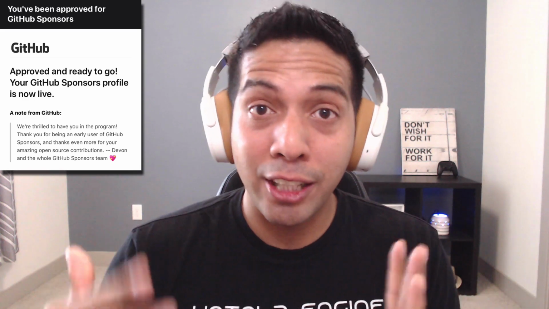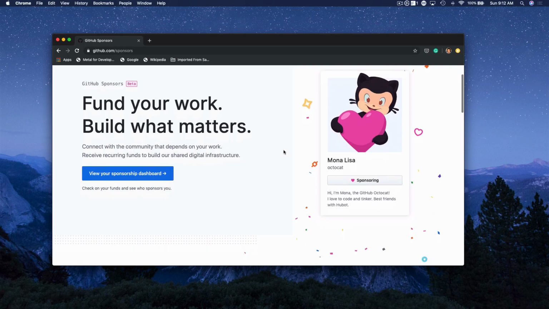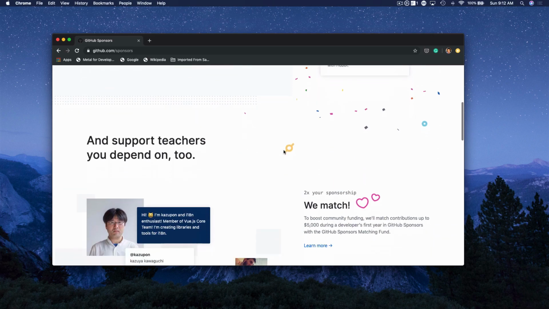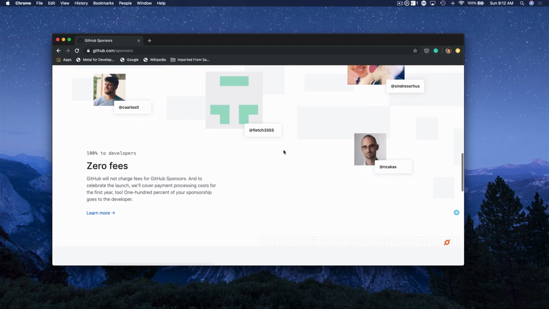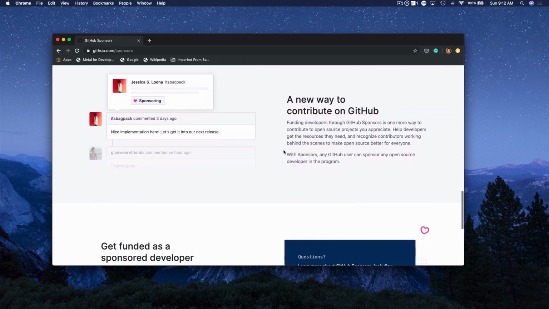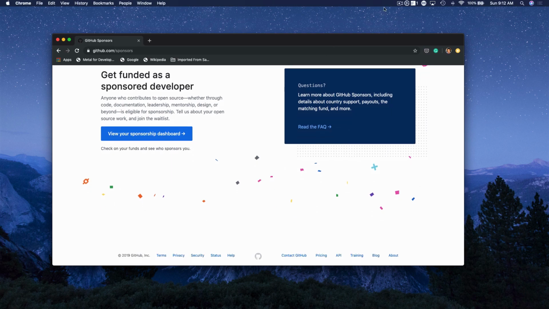Alright, now the third thing that happened to me, which I was actually kind of happy about, is that I got accepted to the GitHub Sponsors Program. If you do not know what that is, it's basically this new initiative from GitHub, which allows viewers, people like you, developers, anyone to sponsor open source projects of your liking.